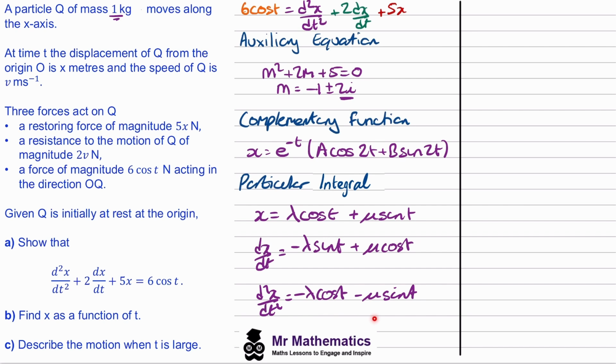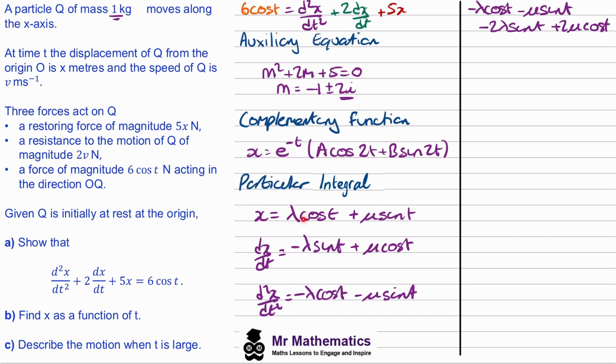So if we substitute this into here, and we add 2 lots of dx by dt, we'll expand out that bracket. So this will become minus 2 lambda sin t plus 2 mu cos t.